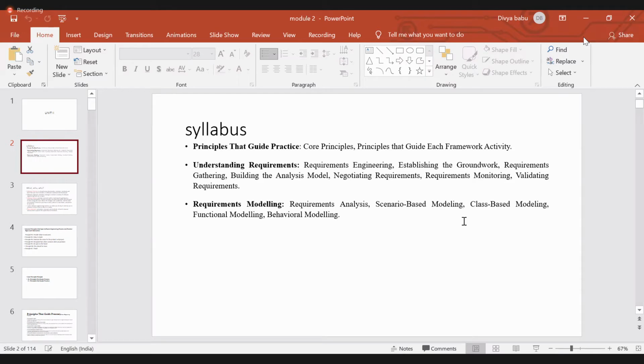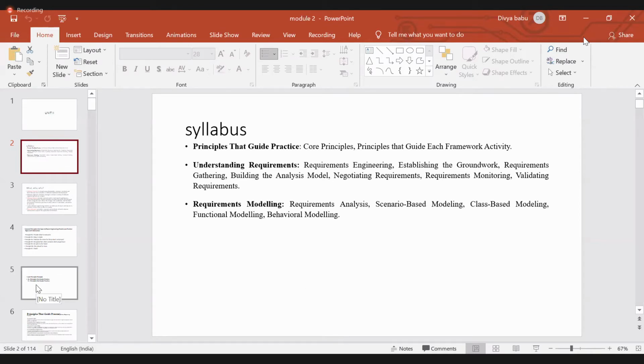I think yes, ma'am. Requirement engineering, actually. The first portion is principles that guide practice, the core principles that guide each framework activity. I did not start it because it contains a lot of principles that I will discuss after requirements gathering.